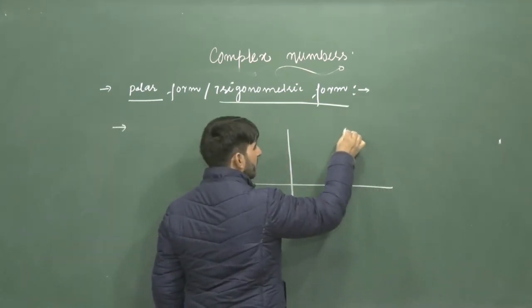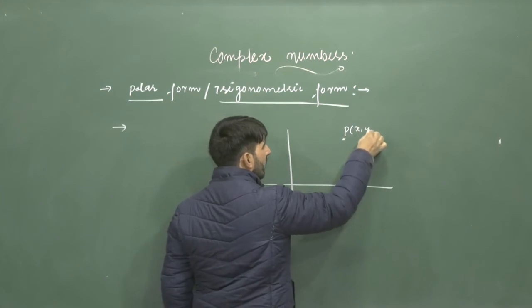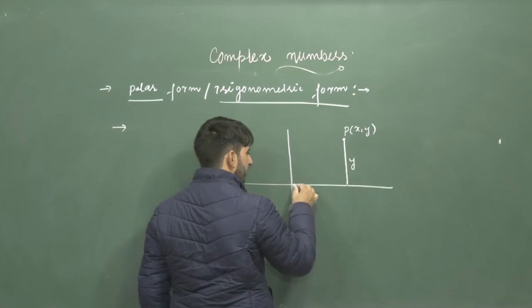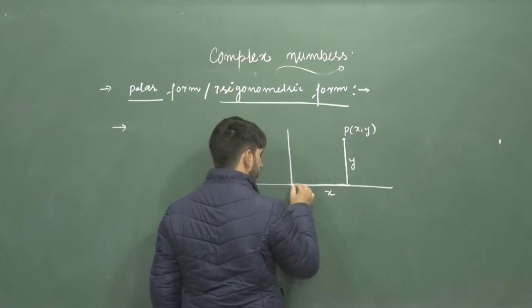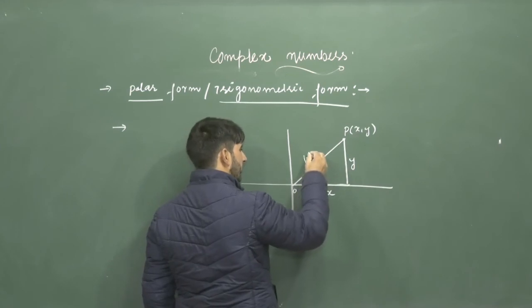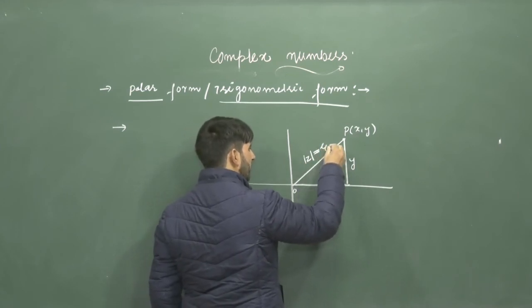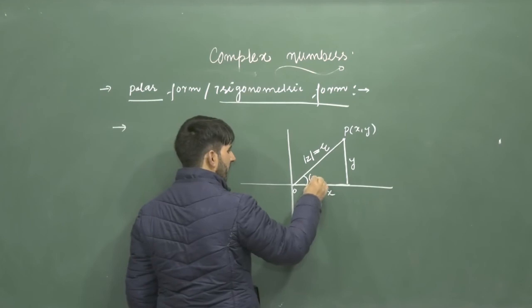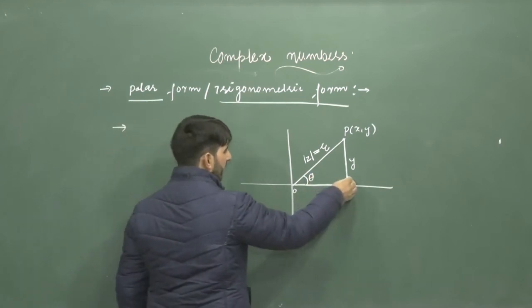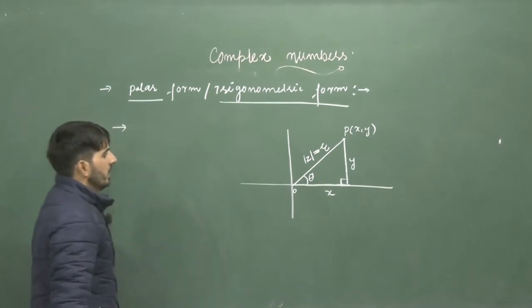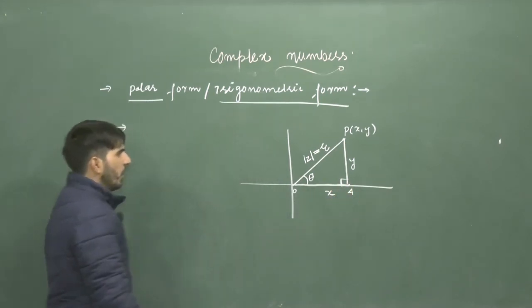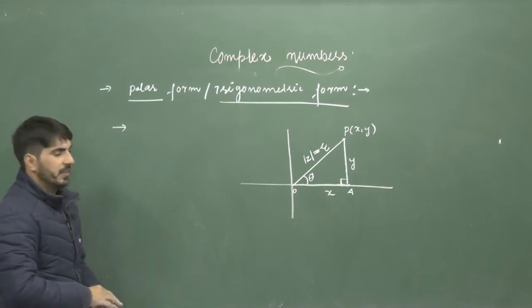So if this is the point P here, x comma y, this distance is y and this distance is x from the origin, and this is the modulus of z. Say this is r, and this is theta, where theta is the argument. And this is 90 degrees, and this is A. Thus, OAP is a right angled triangle here.